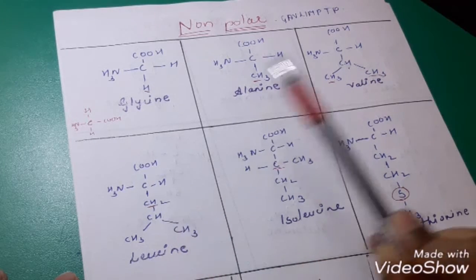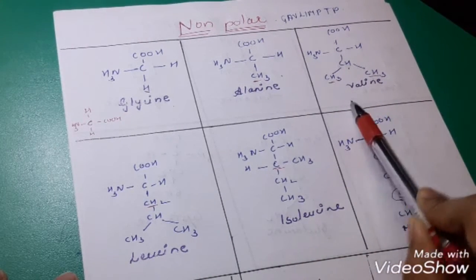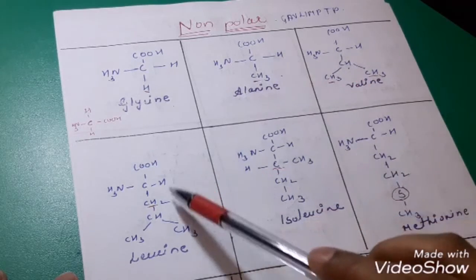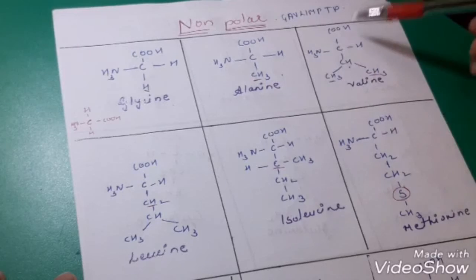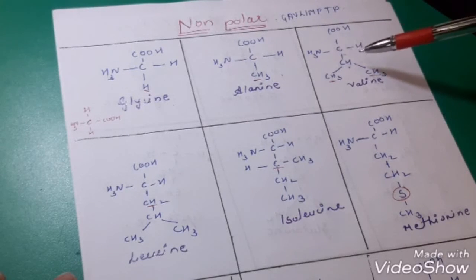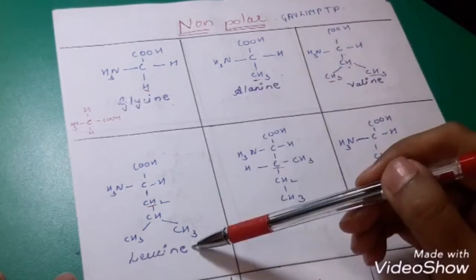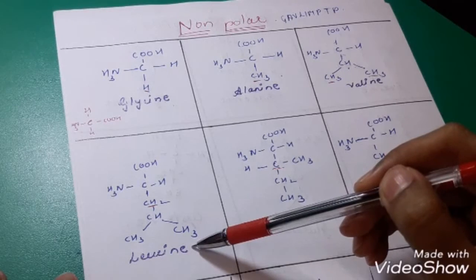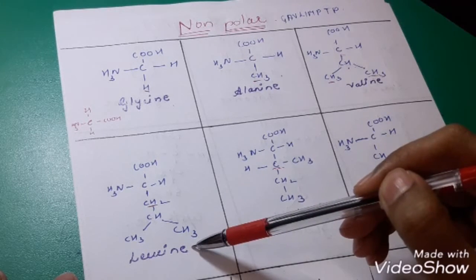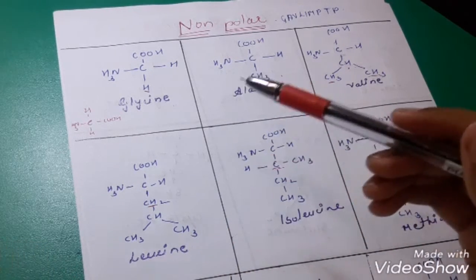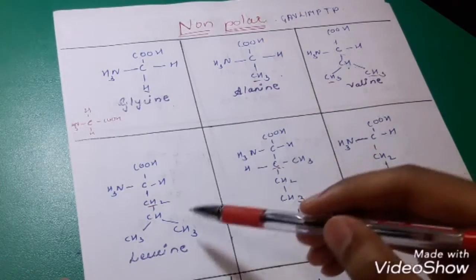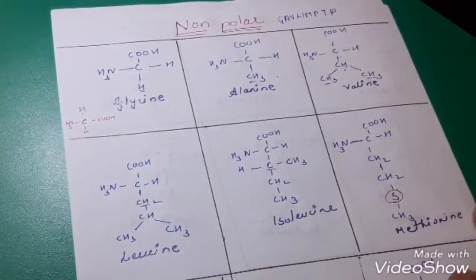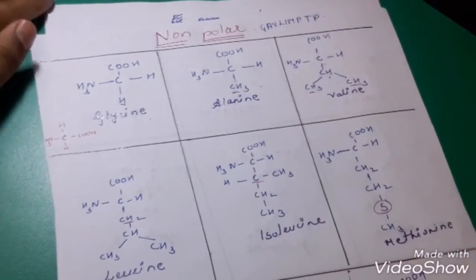Only one extra group is added: in valine it is CH, and here it is CH2, which is added here, and the further chain is the same. So it is quite easy if you follow the amino acids from start to end. So leucine. The next one is isoleucine.